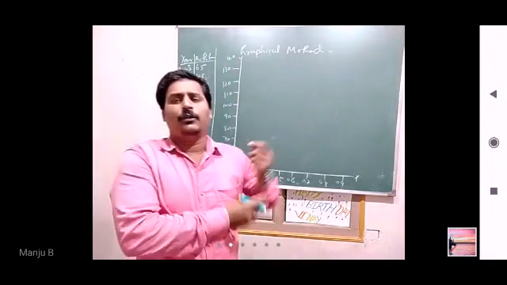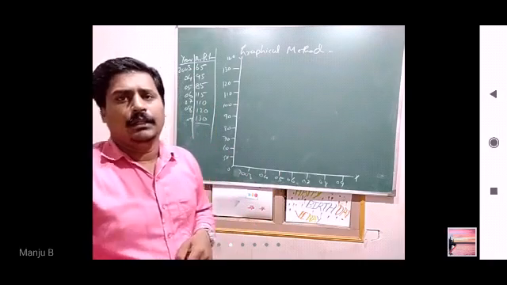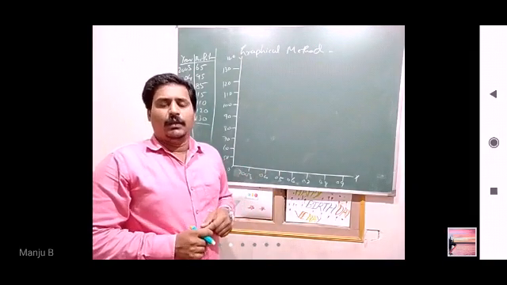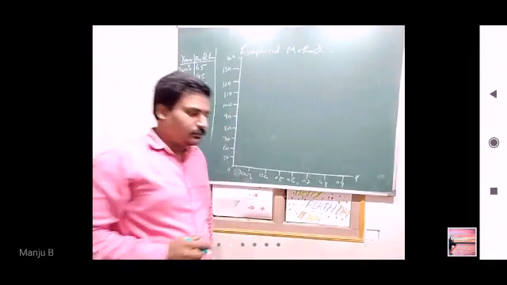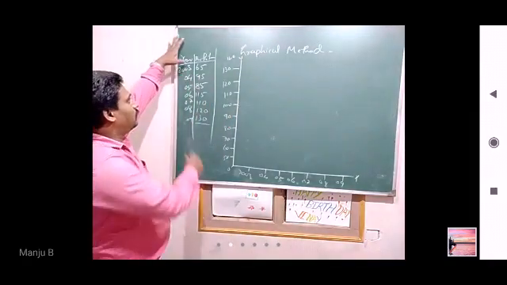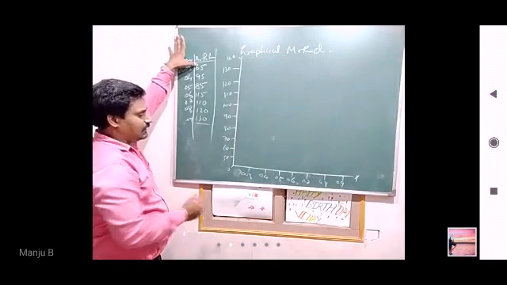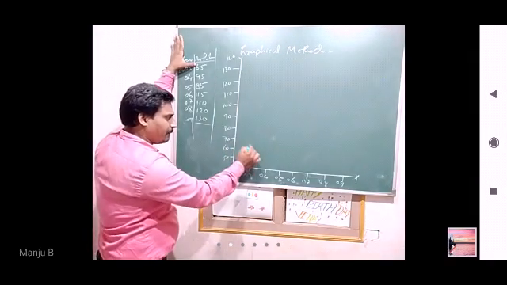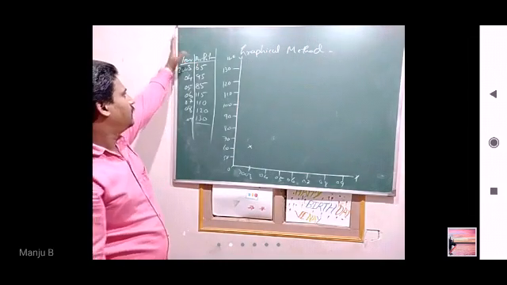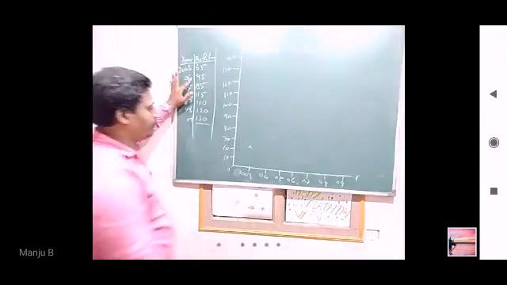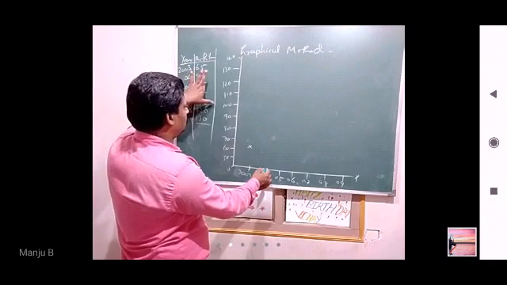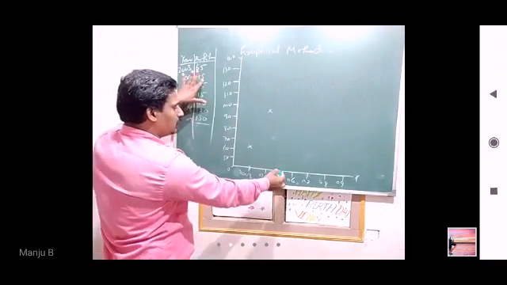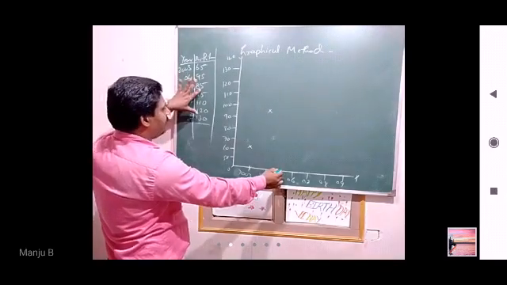Okay. Now, just draw the axes. Let us solve it. 2003, 65. Mark here. Then 2004, 95. Then 2005, 85.